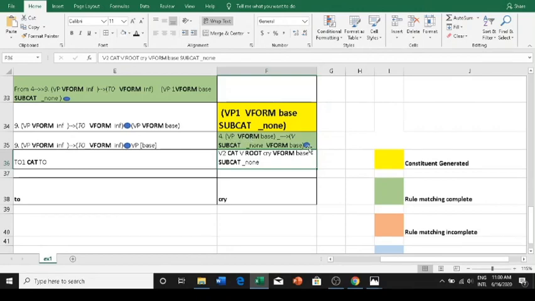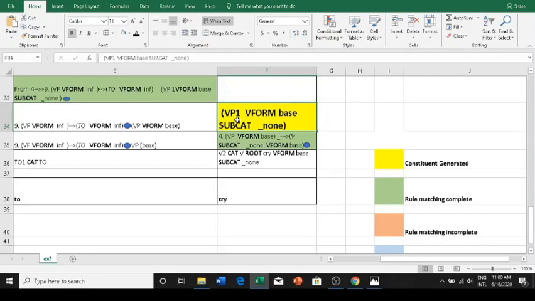And this rule has only one entity on the right side, so the match with this v actually terminates this rule. So a constituent is generated from this rule, which happens to be the left hand side of this rule, right? So the left hand side of this rule is the vp constituent, right?